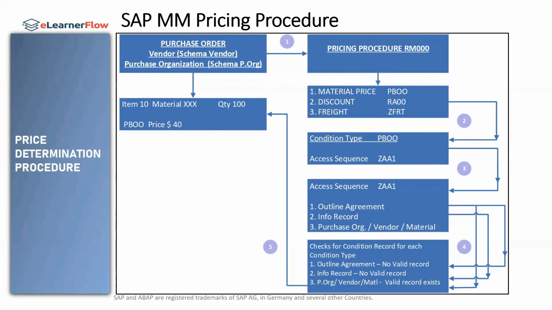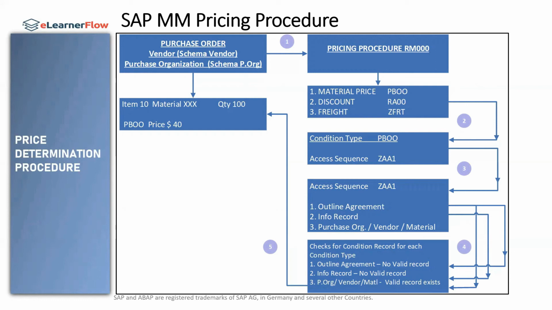If it is not able to find a valid record, then it goes to the next step where you have defined and created a condition table for a combination of purchase org, vendor, material. And then if it's able to find a valid record, then it picks up that value and then populates that value in PB00. Say in our example, say we have populated a price of $40. So the system picks up this $40 and populates in condition PB00.